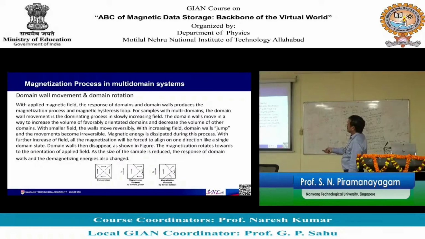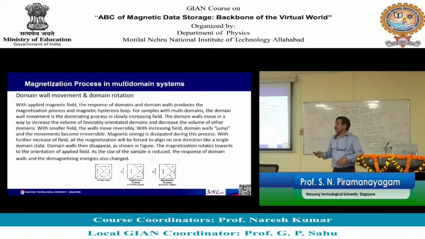This wall which was here has moved from here to here. Similarly, this wall was here and it has moved from here to here. If you apply more magnetic field, this domain will expand further and all the other domains will be gone. Finally, this whole object will have magnetization in the direction of the magnetic field. So, one domain expands by the motion of its wall. This kind of reversal mechanism is called domain wall motion.